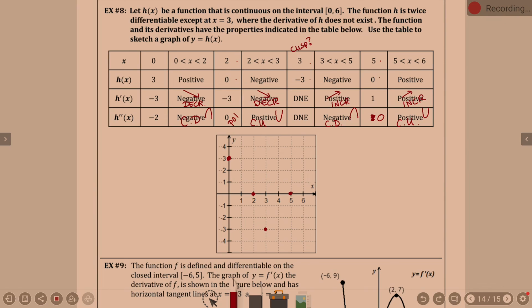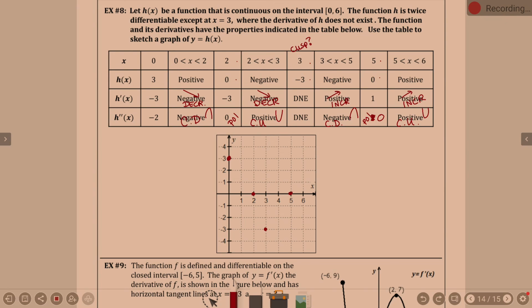This one doesn't exist. That's that cusp, right? And the reason it was so important that this one was a 0 is because it's also a point of inflection. If it's not a 0, it can't be a point of inflection. So that's where my confusion was. And decreasing, that's not a min or a max, and those are both increasing, so not there.